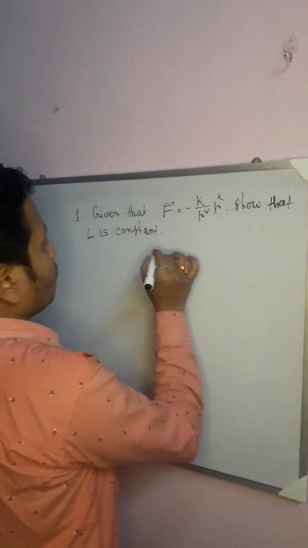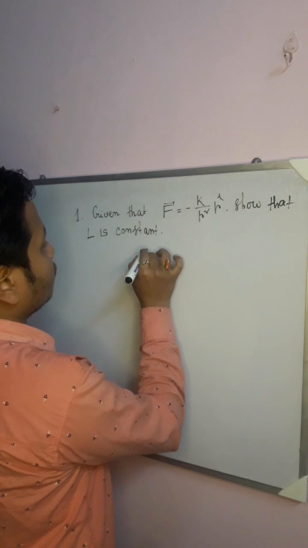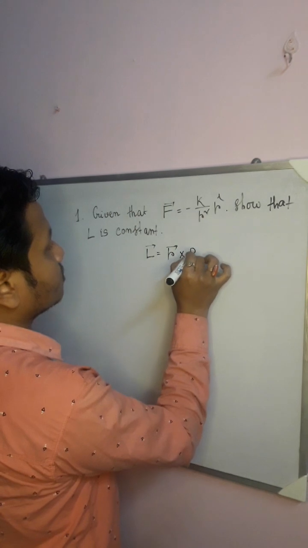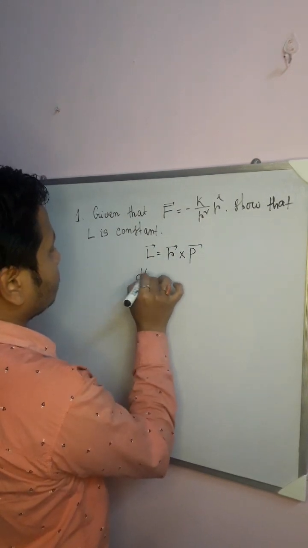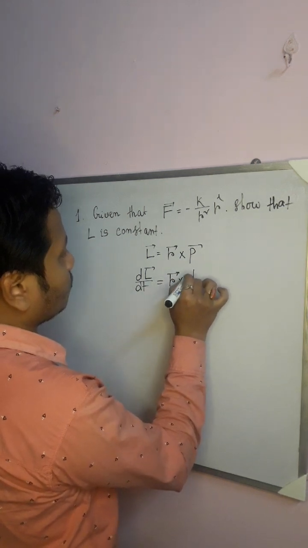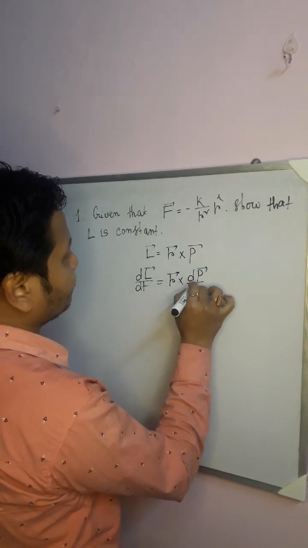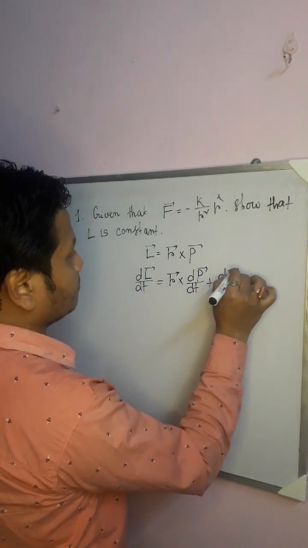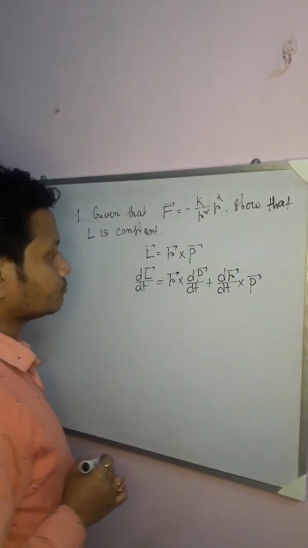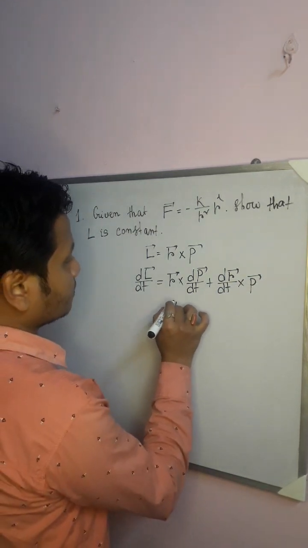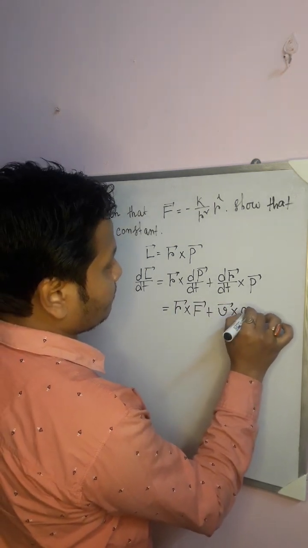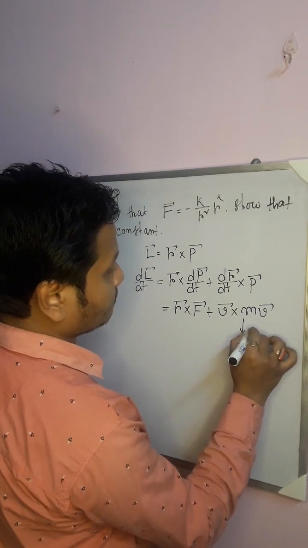Now we know that angular momentum we can write as L equals r cross p. If we differentiate this, we can write r cross dp/dt plus dr/dt cross p. Here dp/dt is F and dr/dt is v, so p is mv, and v cross mv is 0.